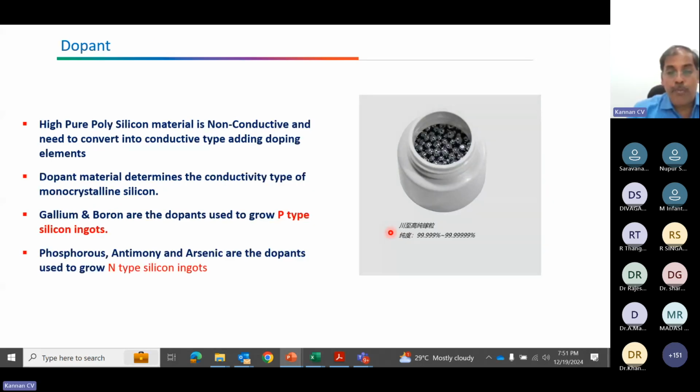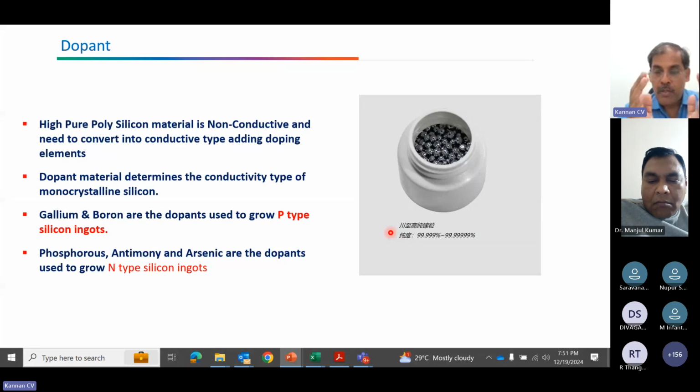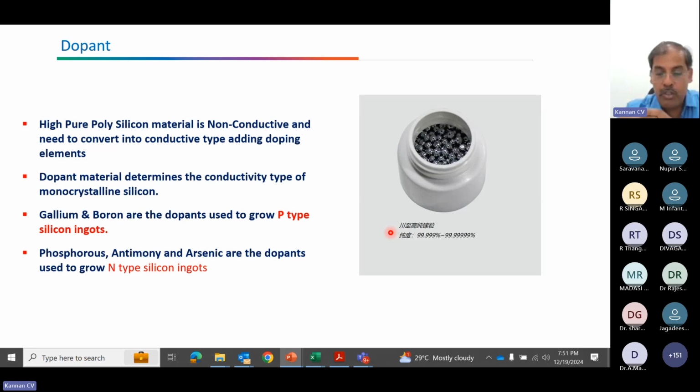So this is the dopant. As I said, pure polysilicon is an insulator, and you need a certain crystal conductivity based on the application. If you want a P-type wafer, you have to grow a P-type ingot. If you want an N-type wafer, you have to grow an N-type ingot. So you have to add a suitable amount of dopant into the polysilicon during the crucible loading process, whatever resistivity you want.